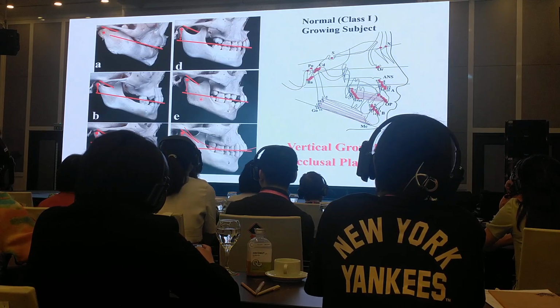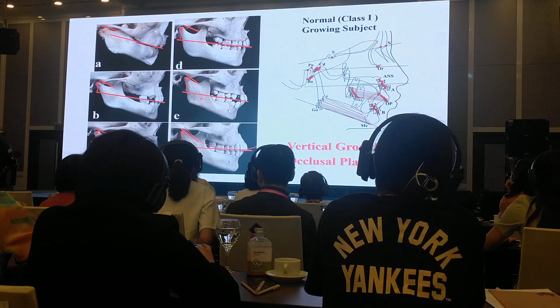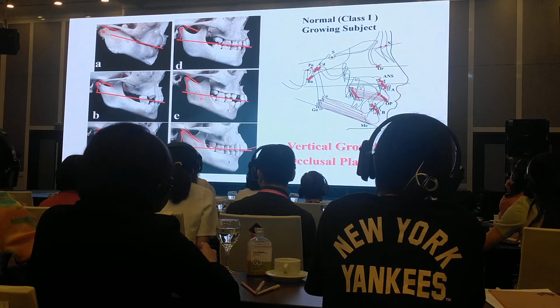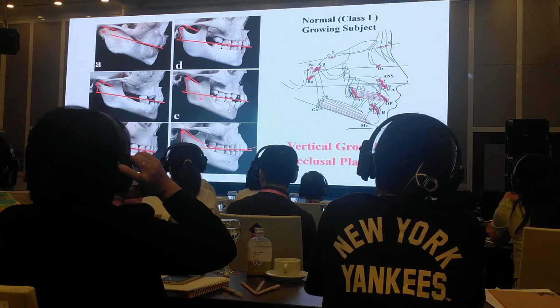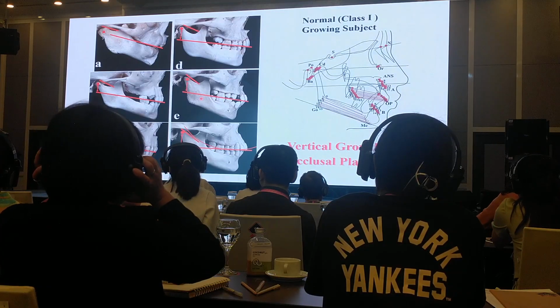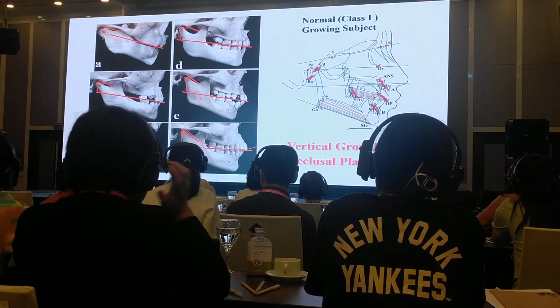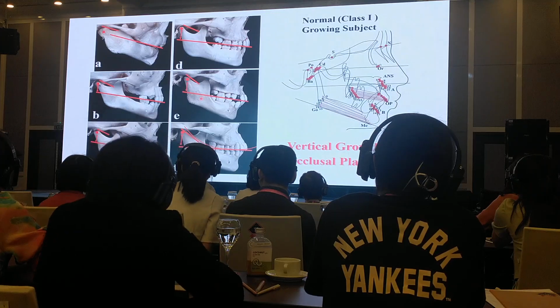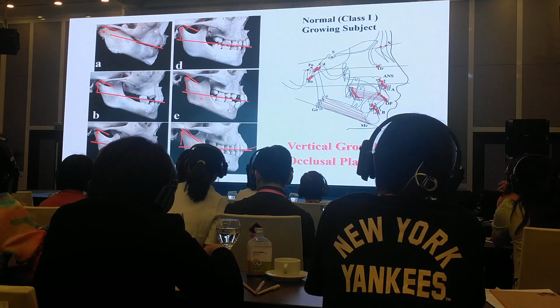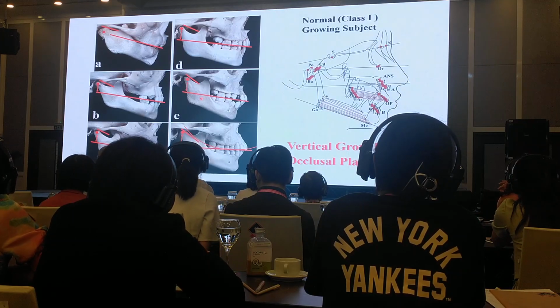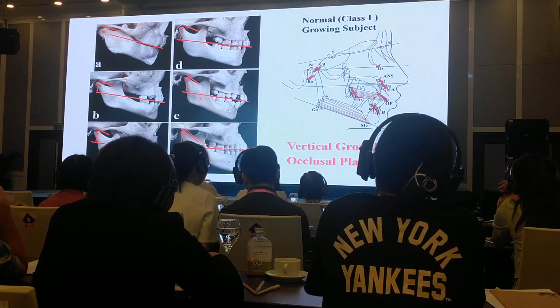The final goal of their occlusion treatment was to push the mandible back, right? Therefore, all the big names in gnathology, Peter Thomas, when they tried to make occlusion, made a class 2 occlusion.